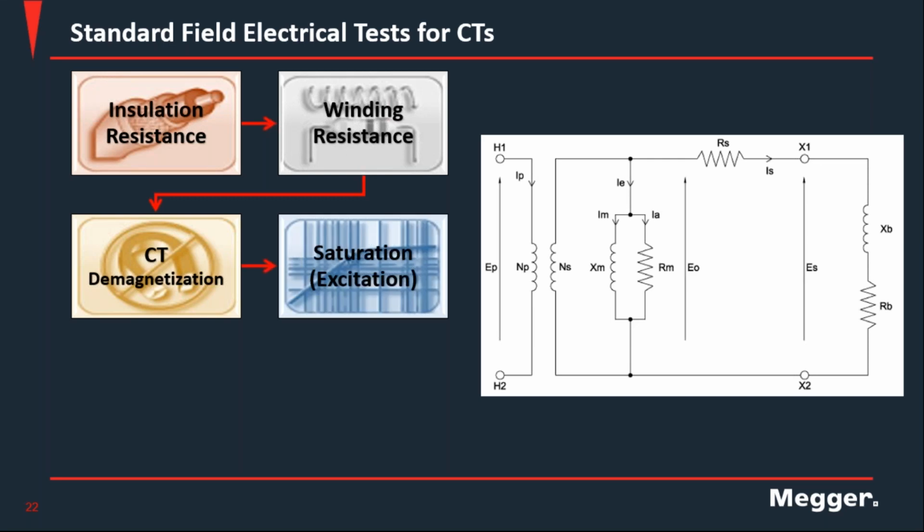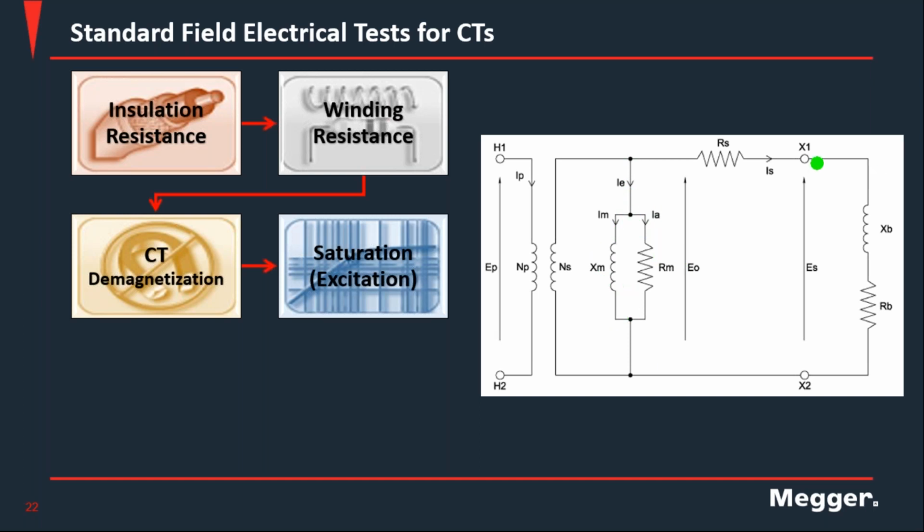After you have the CT or the instrument transformer demagnetized, you can perform the excitation test. The purpose of the excitation test is, of course, to understand the condition of this section of the instrument transformer, of the core and the magnetizing, the inductive part of the transformer.